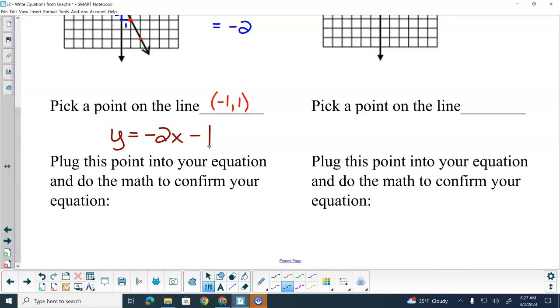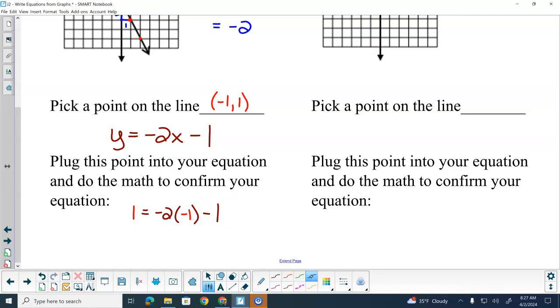So my y value is 1. That's going to equal negative 2 times my x value, negative 1, and then minus 1.